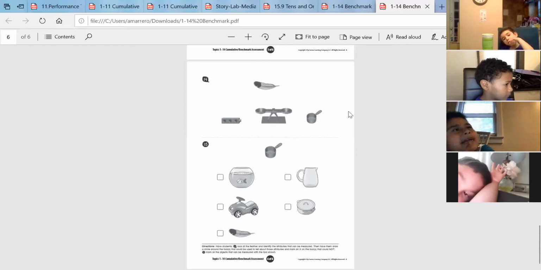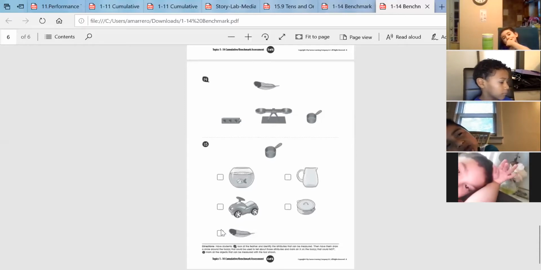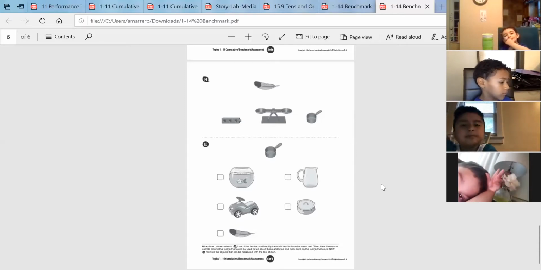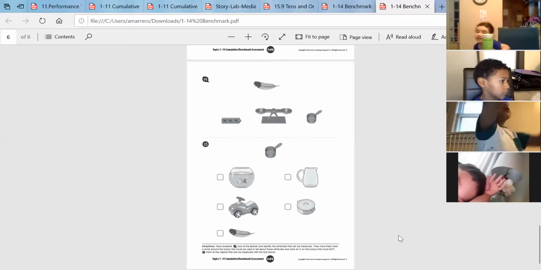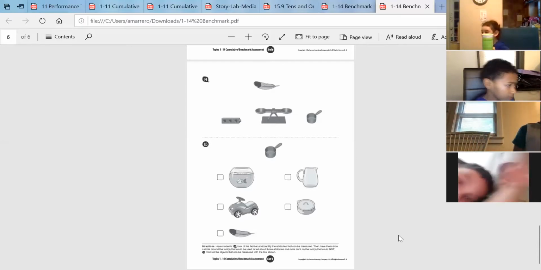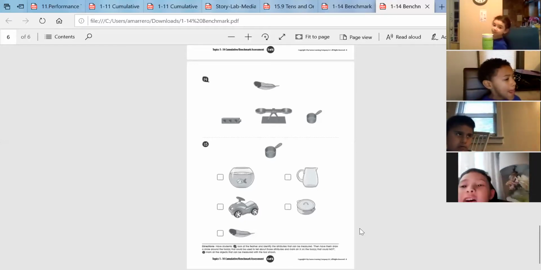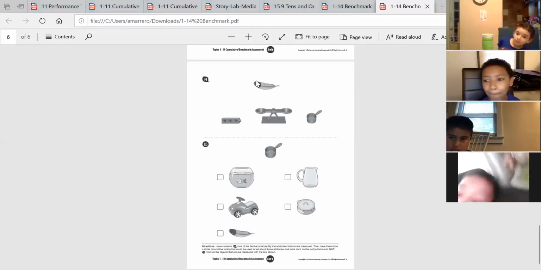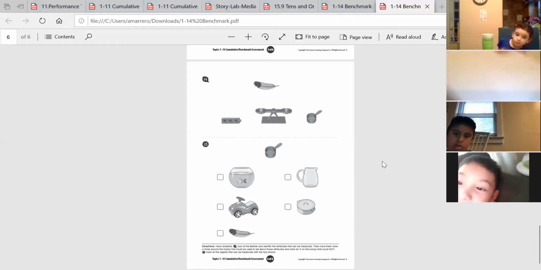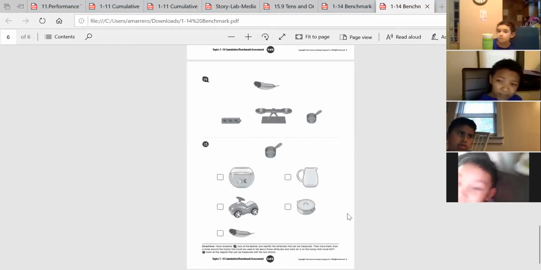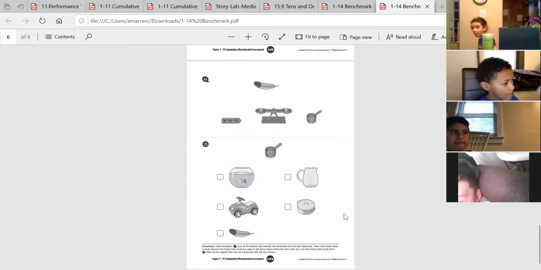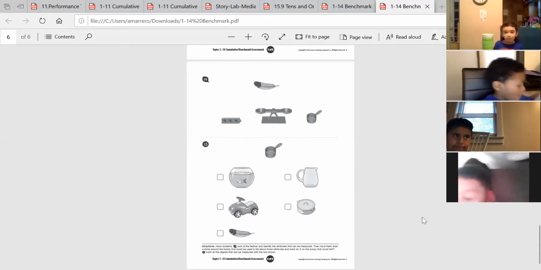And we didn't say they used a measuring cup, so it is not the feather. Jaden? The pot. Yeah, we can use the measuring cup to measure whatever's in the pot. It might be soup.